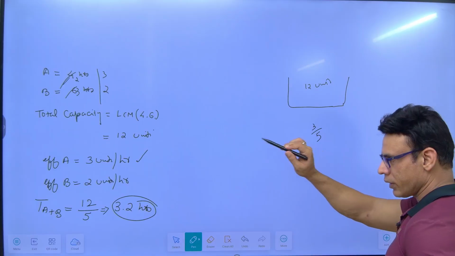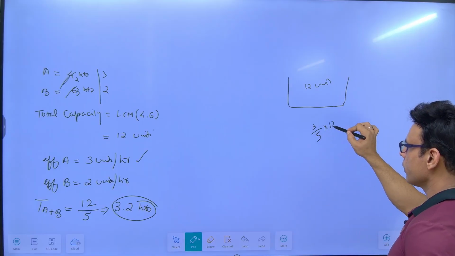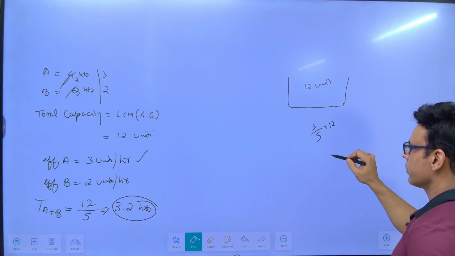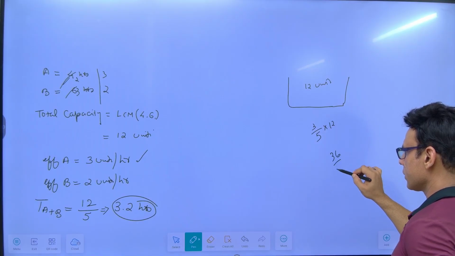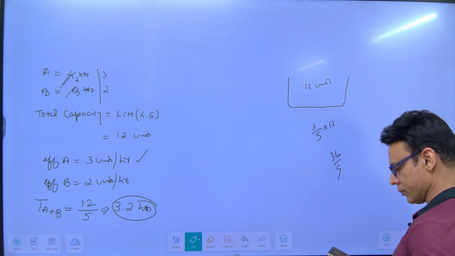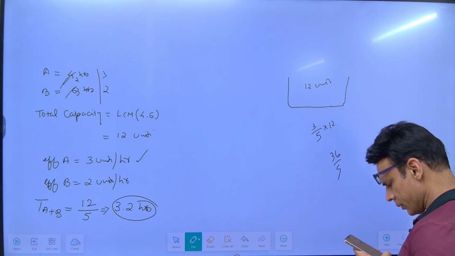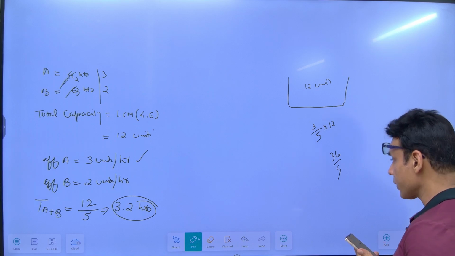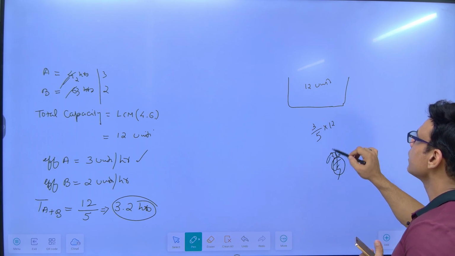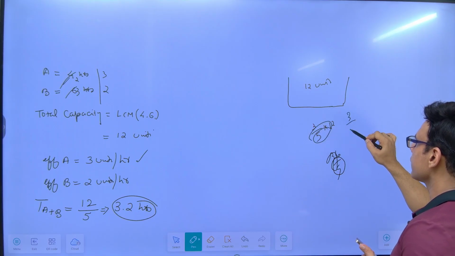Out of total 5. 5 is 3 plus 2. Into the total of 12 units, you find 36 by 5. So, okay, they have simply asked to find what fraction. Only 3 by 5.